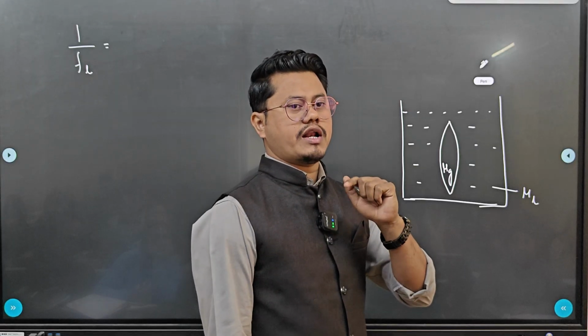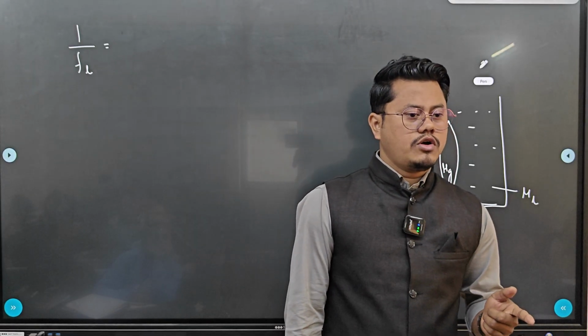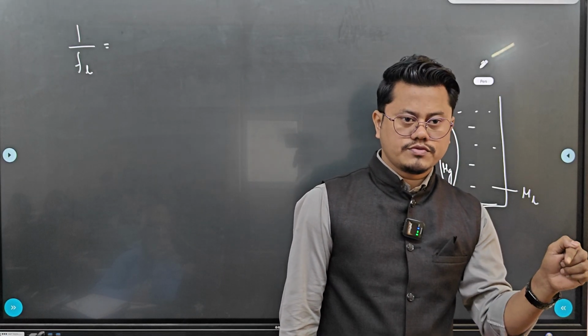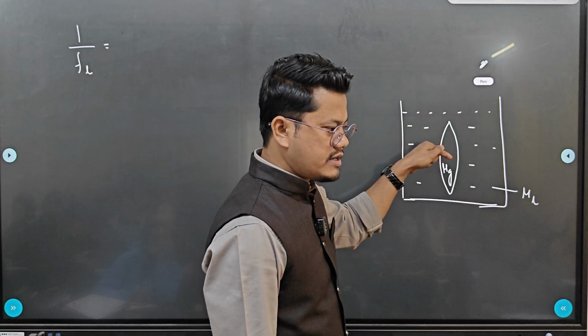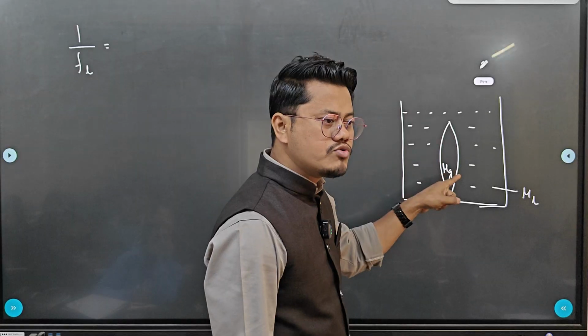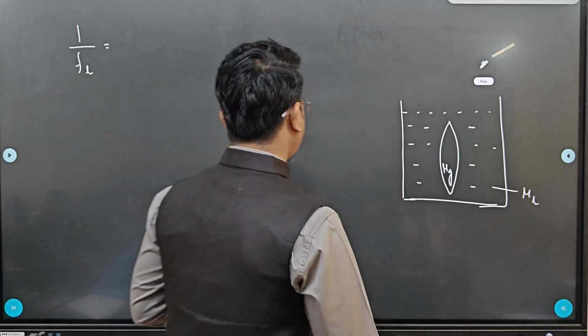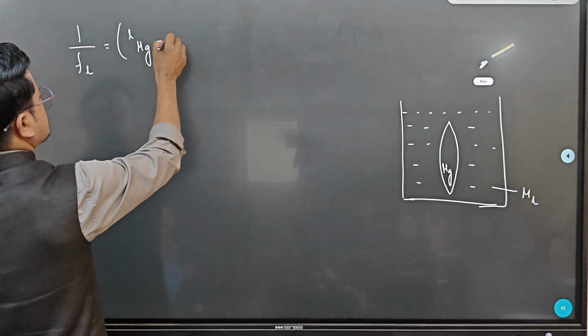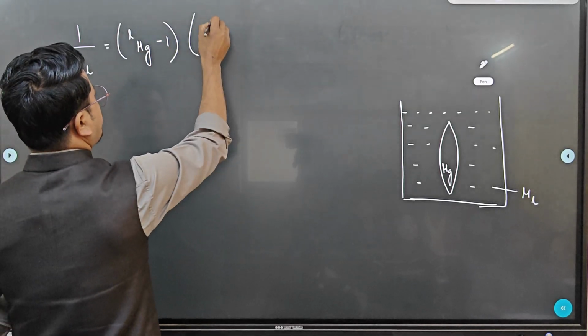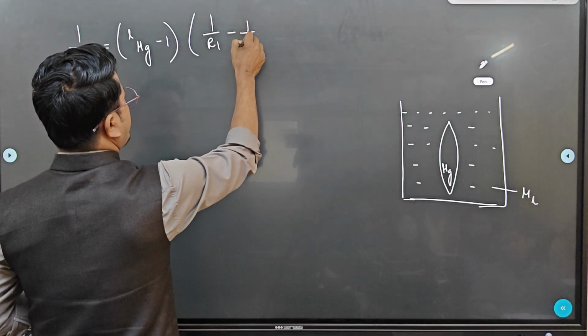I told you already, if the light goes from medium 1 to medium 2, we can represent it by 1 mu 2. If in this case the light enters from liquid to glass, then can I write over here L mu G? Yes or no? So in this case, I can write 1 by FL equals L mu G minus 1 times 1 by R1 minus 1 by R2.